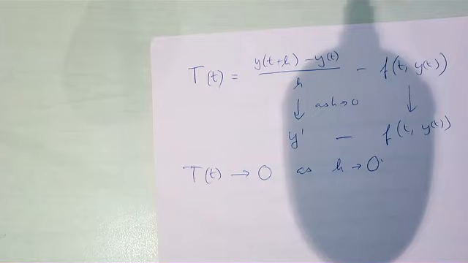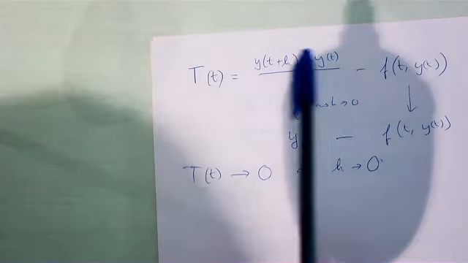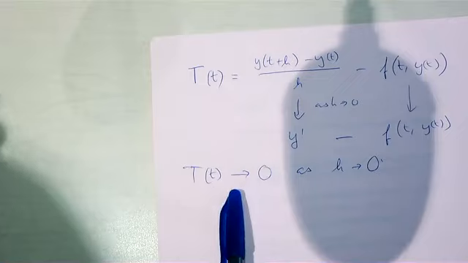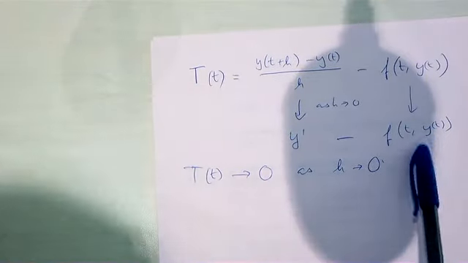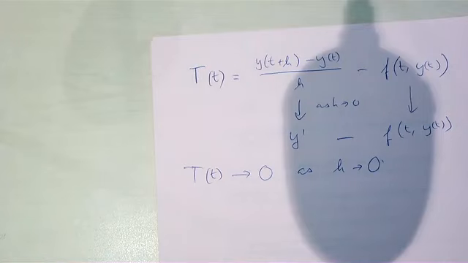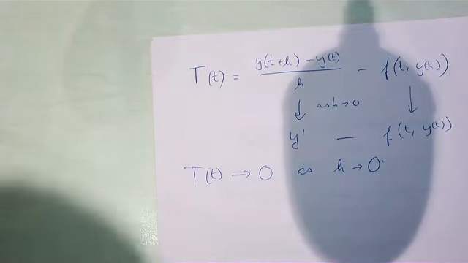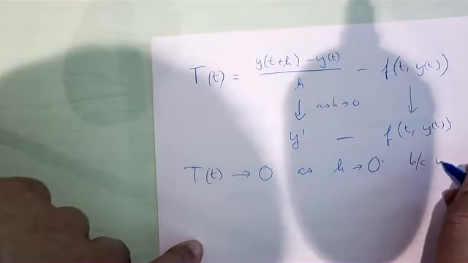Then the local truncation error should go to 0. That is the reason: when you fix t, it will go to y prime, and y prime minus f is exactly our ODE that we want to solve. So this one has to go to 0, because y prime equals f.